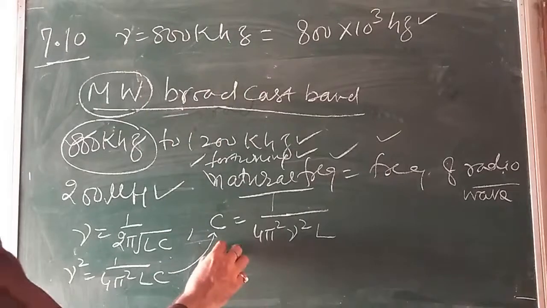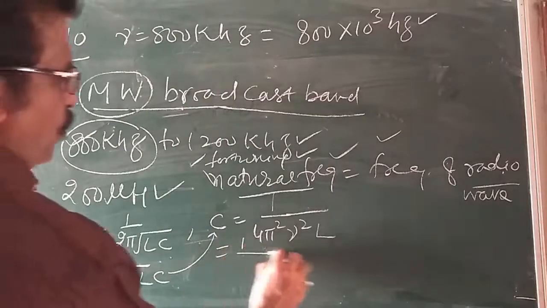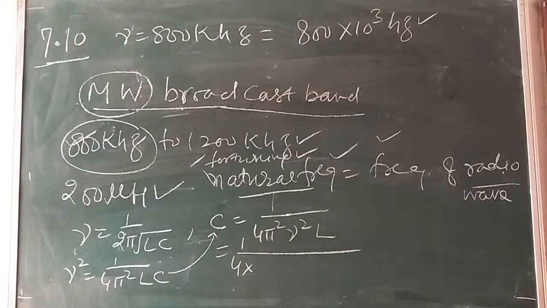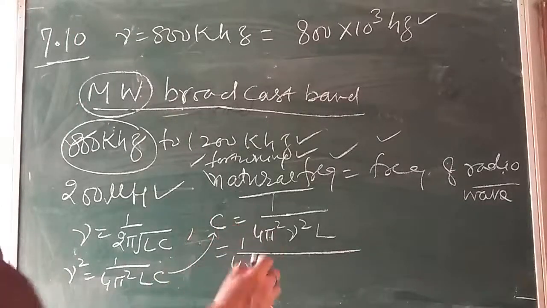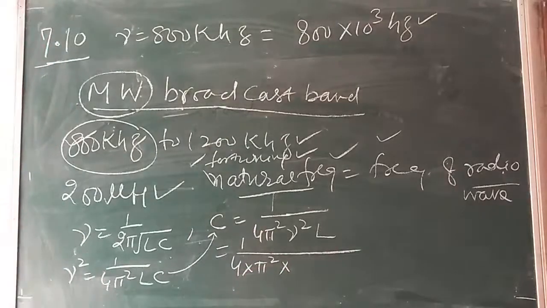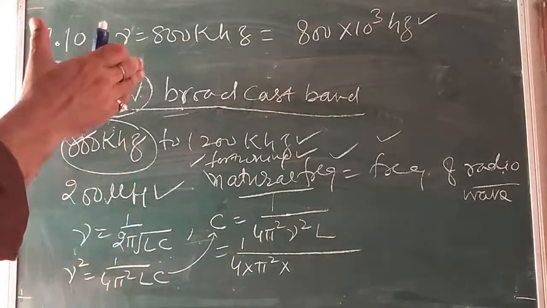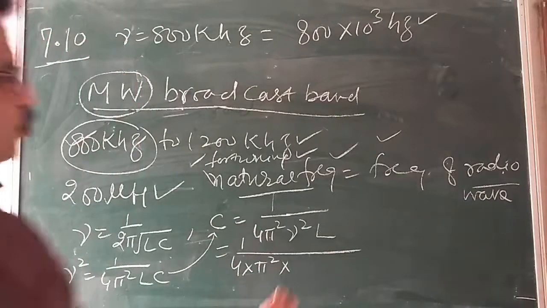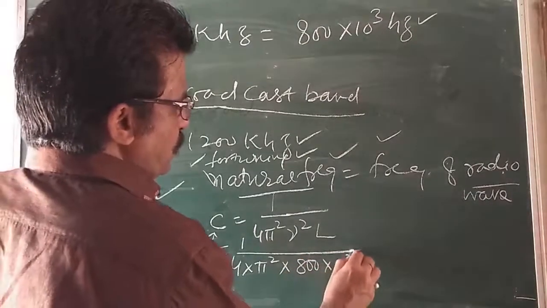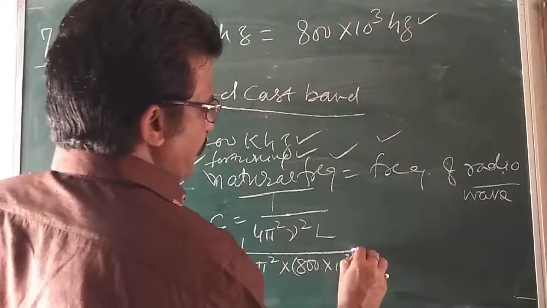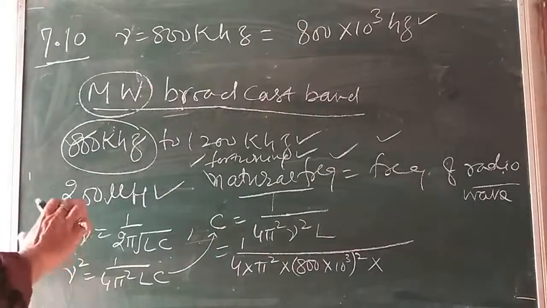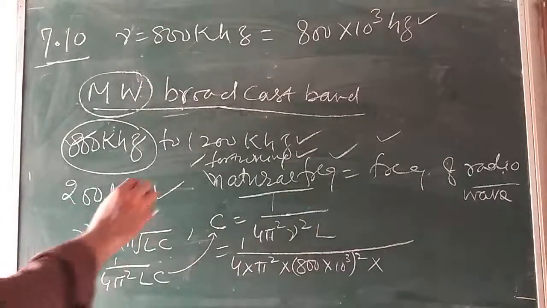So we can write 1 upon 4 pi square, with pi equal to 22 by 7 or 3.14, into 800 into 10 raised to power 3 whole square into L. L is 200 microhenry.